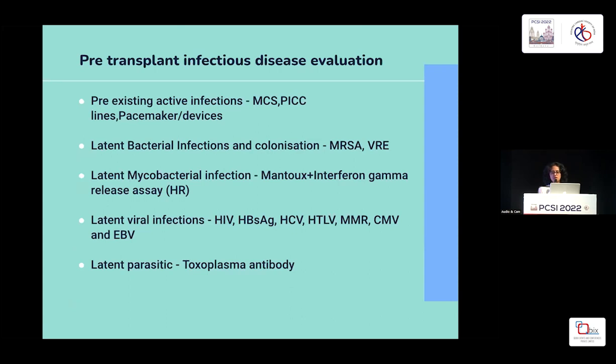Evaluating the recipient for latent infections is very, very important. Starting from active infections with regards to PICC lines and devices, latent bacterial infections such as MRSA and VRE, latent TB or tuberculosis, and latent viral infections, because you do have protocols for post-transplant prophylactic regimens and vaccination.